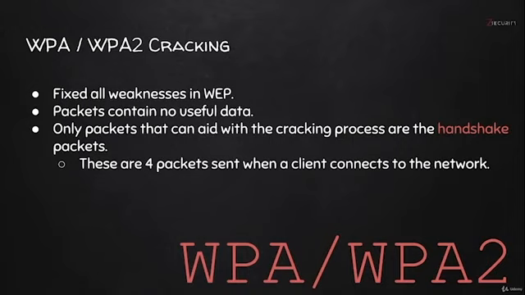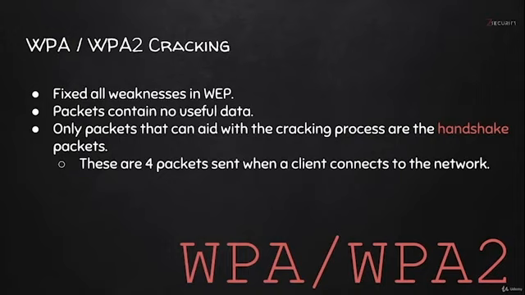So in WPA2, the keys are unique, they're temporary, they're much longer than what they were in WEP. Therefore, the packets sent in the air contain no information that is useful for us. So it doesn't matter, even if we capture 1 million packets, we can't use them to crack the key.